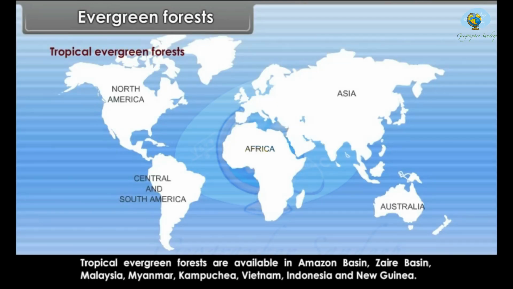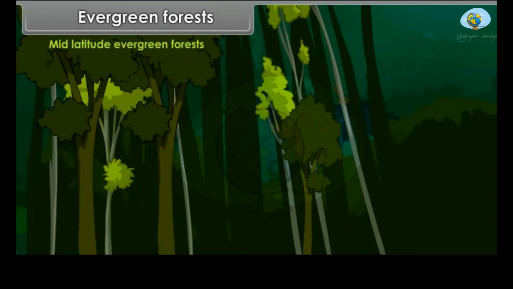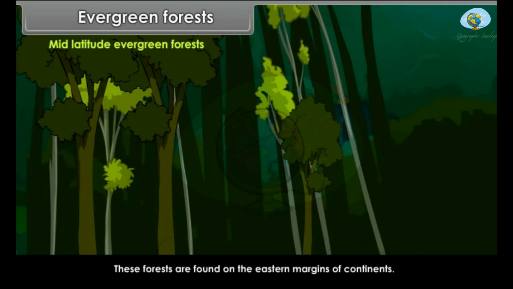Tropical evergreen forests are available in the Amazon Basin, Zaire Basin, Malaysia, Myanmar, Cambodia, Vietnam, Indonesia and New Guinea. Mid-latitude evergreen forests. These forests are found on the eastern margins of continents.